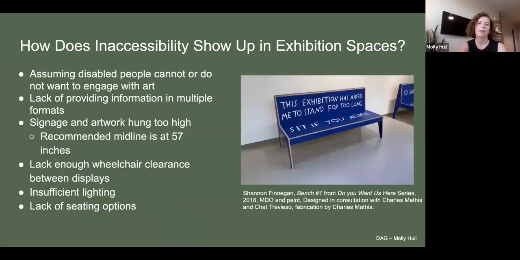So how do those barriers show up in exhibition spaces? A major one is assuming that disabled people cannot or do not want to engage with art. So common examples that I've heard or come across is that maybe a blind person doesn't enjoy art because they can't see it. Or a deaf person would not enjoy a performance with music because they cannot hear it.